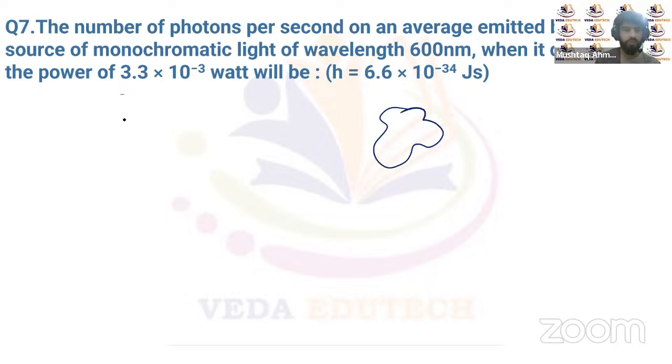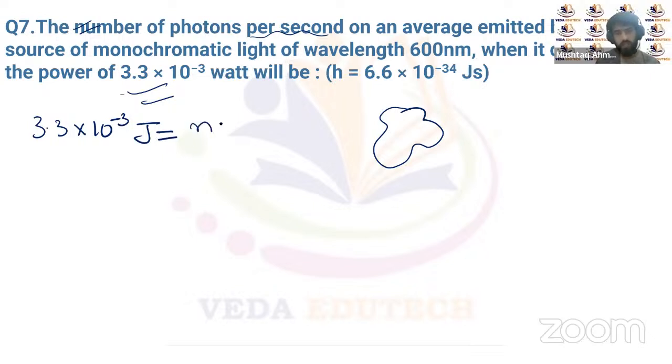Now we have to calculate the number of photons per second. The energy emitted per second is 3.3 into 10 to the power minus 3 joules per second, so 3.3 into 10 to the power minus 3 joules of energy will be incident on the surface, and let's suppose n number of photons are incident.